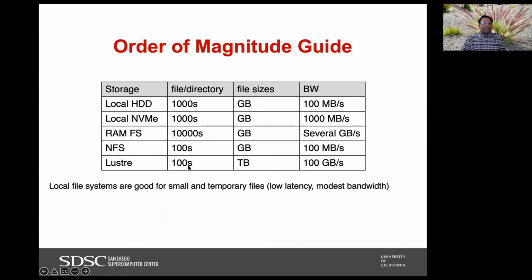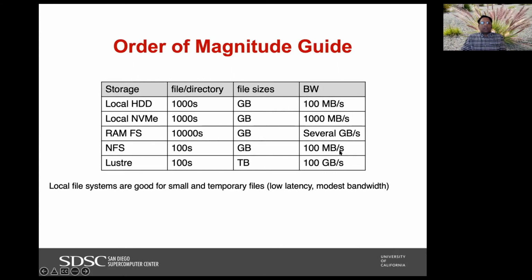For Lustre, hundreds is probably too conservative. I think you can do thousands of files, but don't do 1 million files in a directory. That can cause problems. And for file sizes, the largest ones can go in Lustre, and everything else should be smaller.